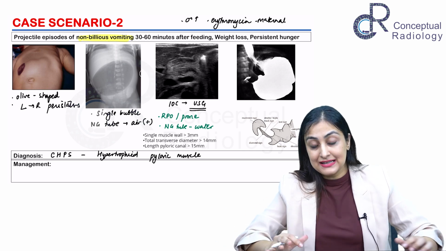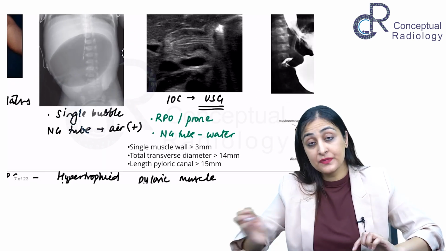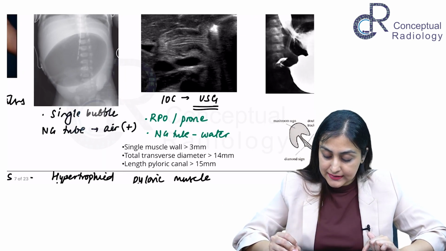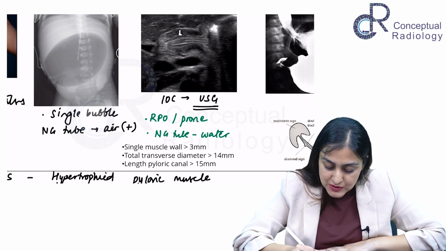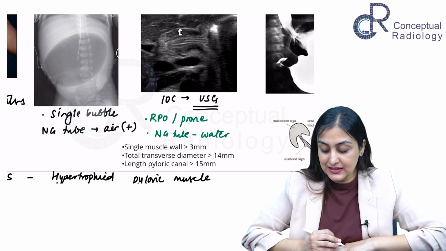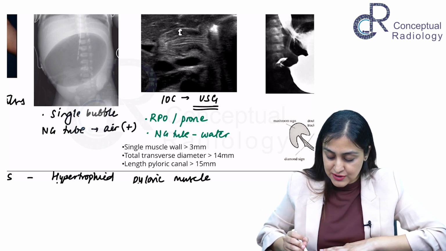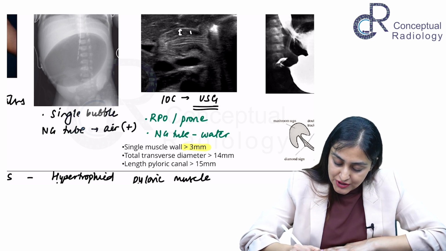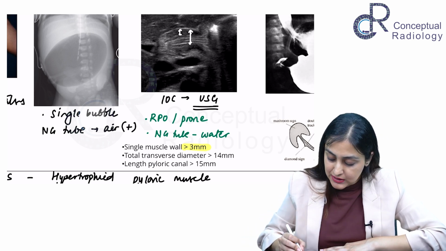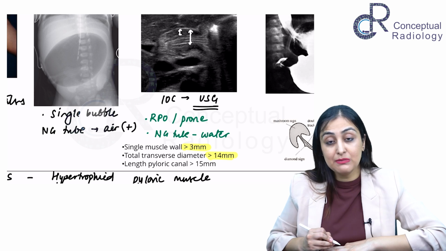There are criteria to diagnose CHPS. So here there are 3 numbers that you need to remember. So if you take the transverse diameter of a single sided muscle, that has to be more than 3 millimeter. If you take the total transverse diameter into account, that has to be more than 14 millimeter.